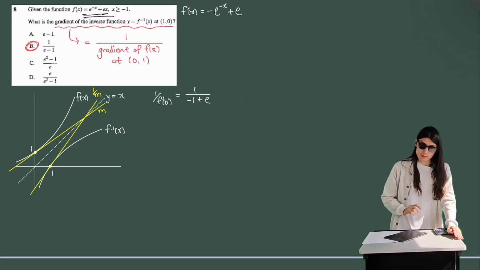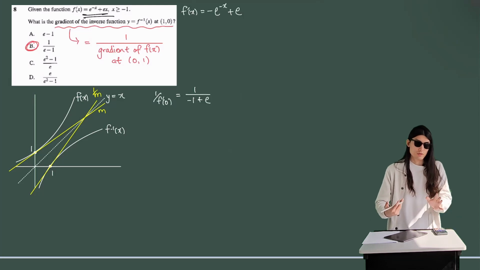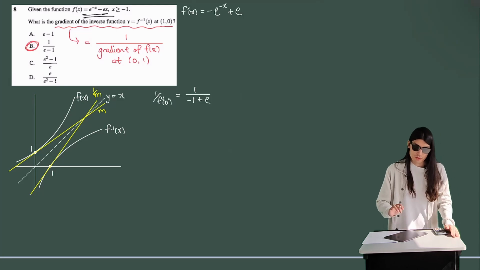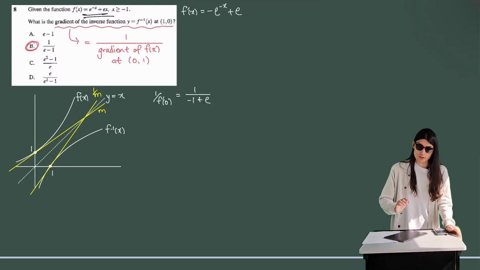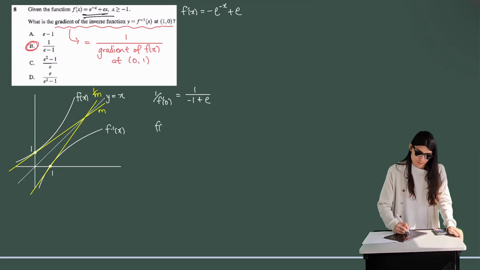And also for the HSC, you need to be able to algebraically demonstrate, that is, show the proof for this property. Okay. It's another thing that I emphasize you guys should remember about inverse functions. Okay, and that is if you ever want to show something about the derivative or the gradient of inverse function, okay, you start from this.